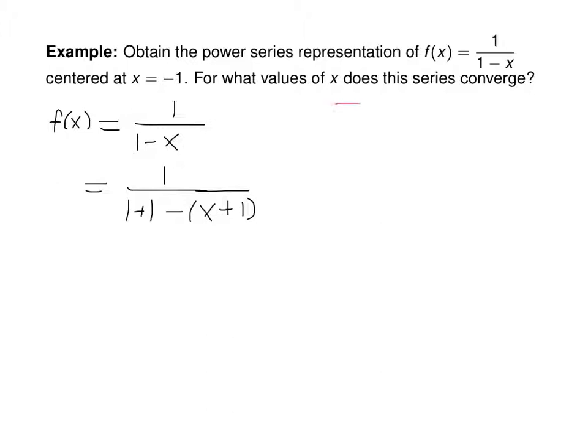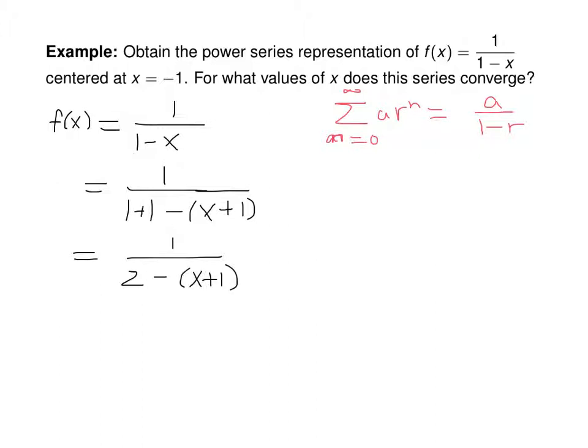So remember that the sum of a geometric series from n equals 0 to infinity, a r to the n, is a over 1 minus r. First of all, this is 1 over 2 minus x plus 1. We need to manipulate this expression so that that 2 is a 1, and here's how you do it.